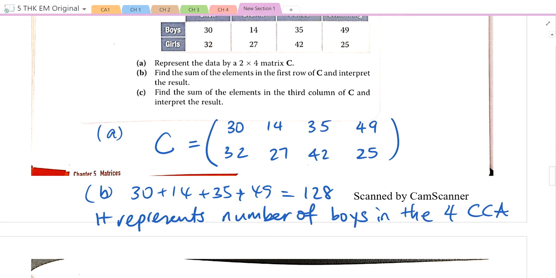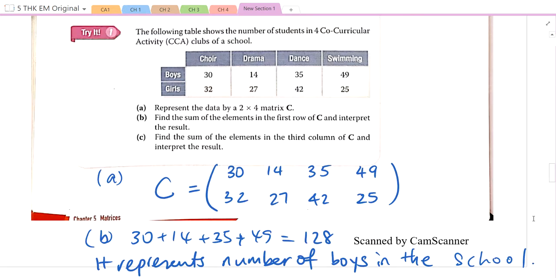Why do you want to say school? Do you see a difference if you change this to in the school? What does this now imply? If you say that it's the number of boys in a school, it may not be correct. The school may have more than 4 CCAs, right?